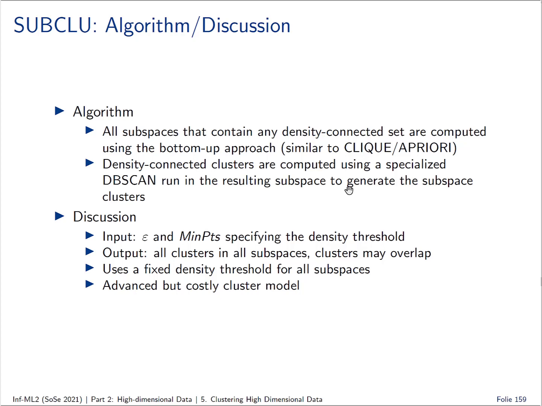But that's okay. The basic criticism, or shortcomings, of these algorithms is that we have a fixed density threshold for all subspaces of any dimensions, and that we get a lot of redundant subspace clusters. Sometimes that is quite overwhelming.